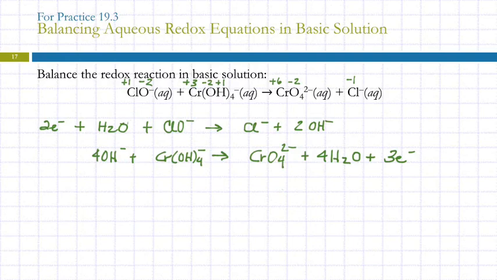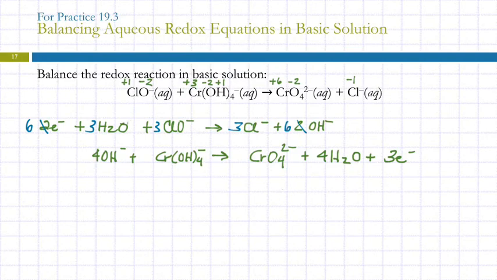Everybody okay with that? We got the 3-2 thing going on again. So we're going to multiply to get the numbers of electrons to be equal. So 6 is the lowest I can do that, so I'm going to multiply this equation by 3. Gives me 6, 3 times 3, 3 times 3, and gives me 6.